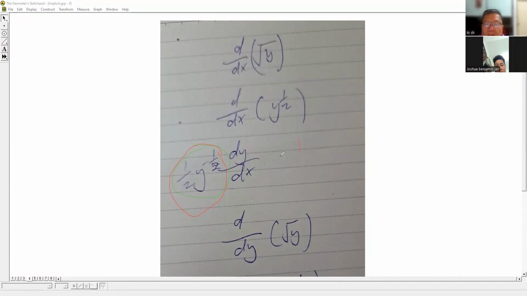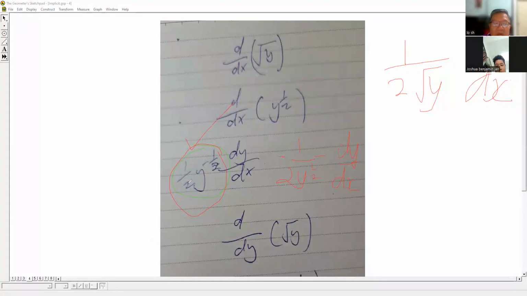So it will be 1 over 2y to the power of half. Once you put it at the bottom, it's no more negative. Then you put dy dx behind. If you want to simplify some more, it becomes 1 over 2 square root of y, dy over dx. Okay, the differentiation is correct.